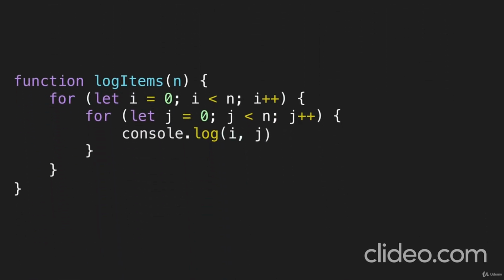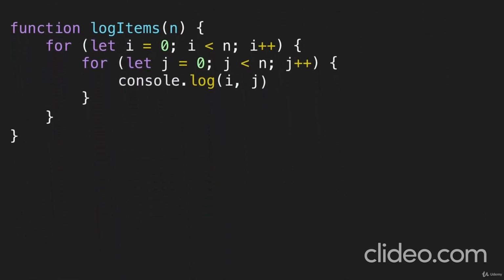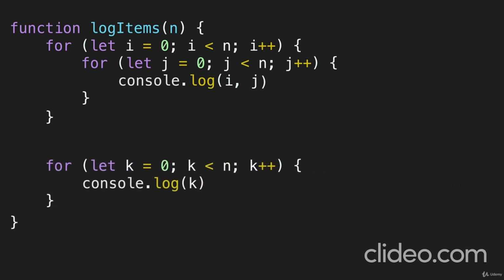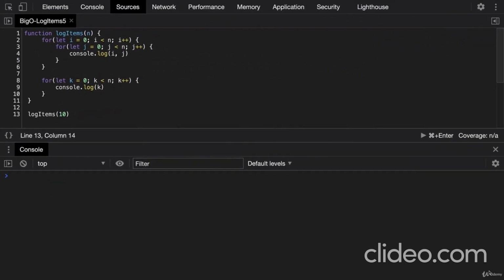Drop non-dominance is another way that we simplify big O notation. To explain this, I'll bring up some code here. This is our nested for loop that we saw from before. What I'm going to add to this is an additional for loop that comes after the nested for loop. Let's take a look at this in DevTools.